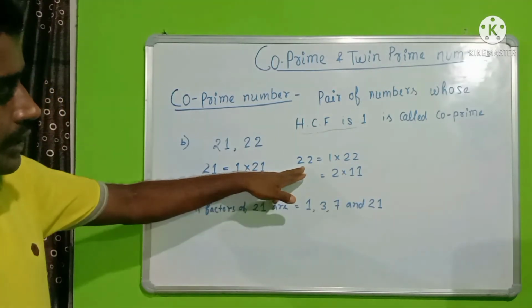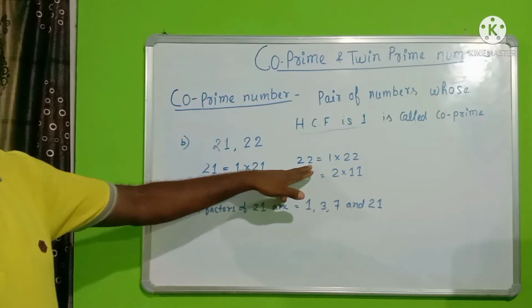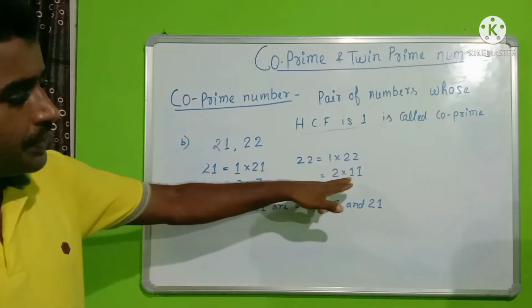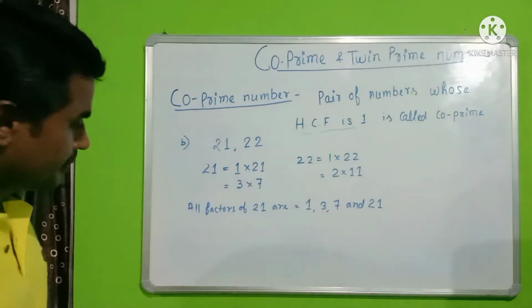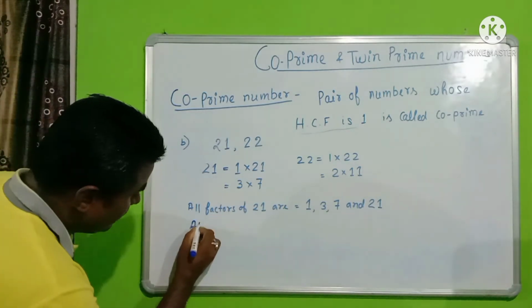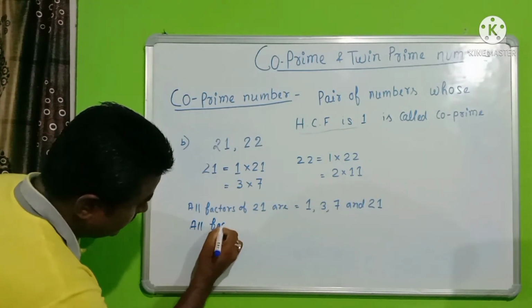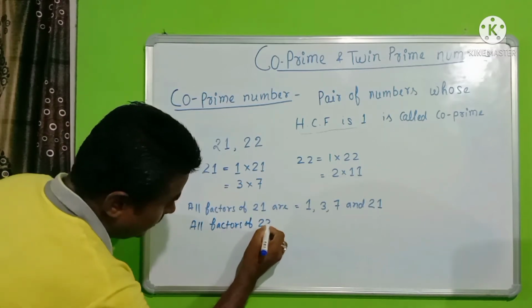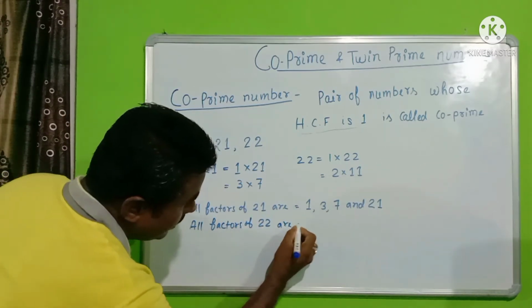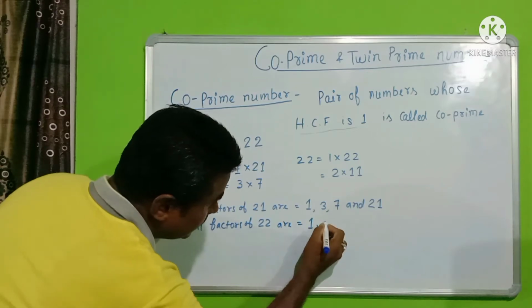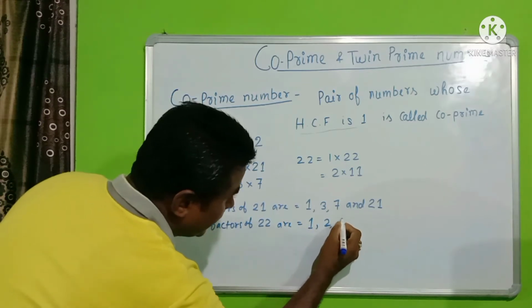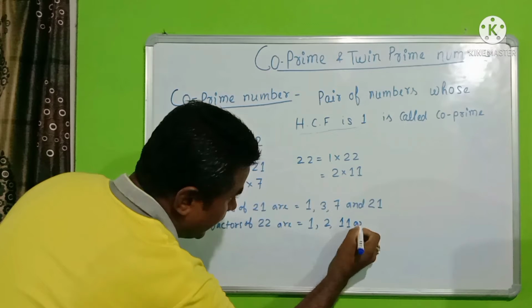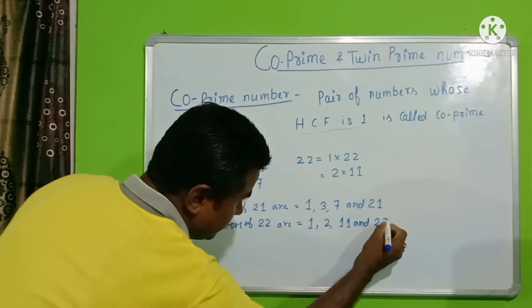Now, what do I write as all factors of 22? All factors of 22 are 1, 2, 11 and 22.